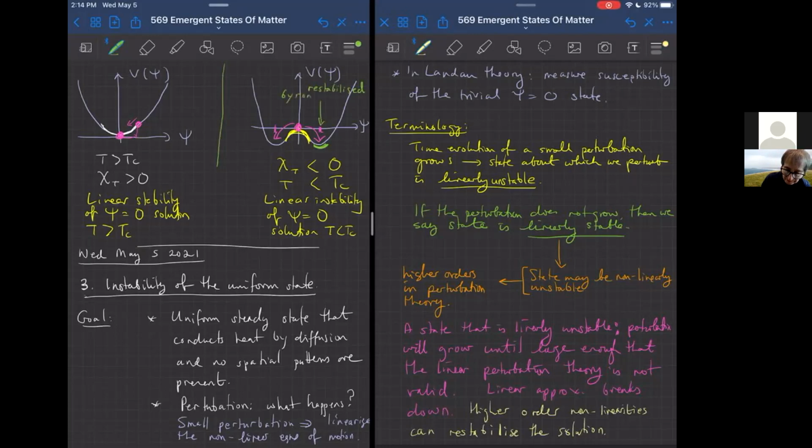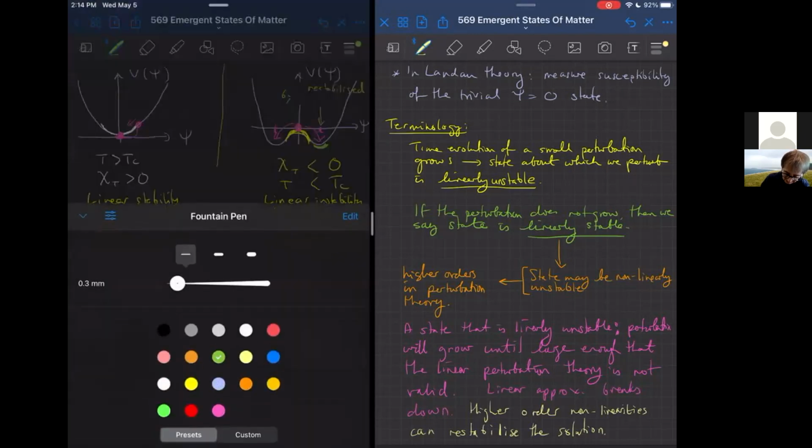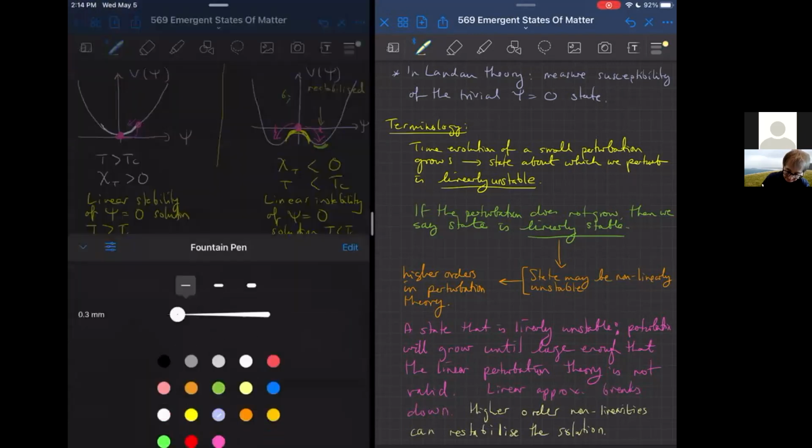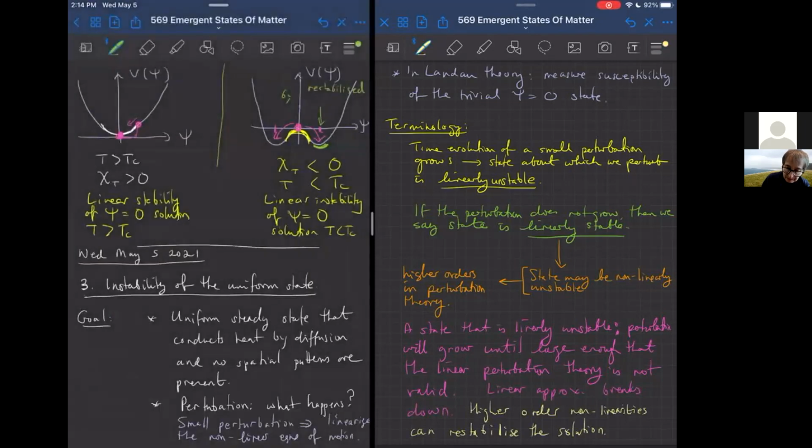Well, I'm not going to say nonlinearities, because that would be an equation of motion type of statement. What I really want to say is it's restabilized by the psi fourth terms in the Landau free energy.